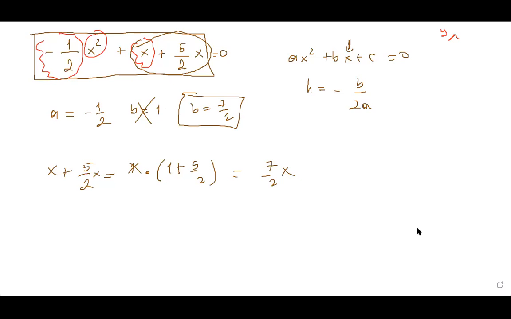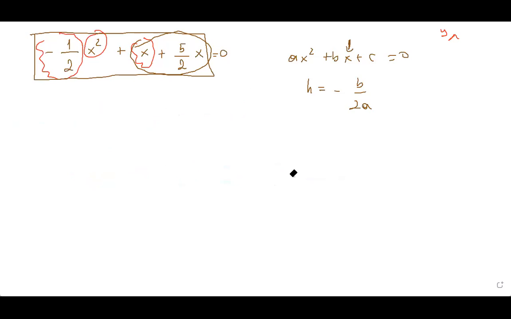It's okay or not? Yes. From the beginning, my original question, I am copying here. Now, instead of x plus 5 over 2x, I am saying x common parenthesis 1 plus 5 over 2, plus 0 is equal to 0.